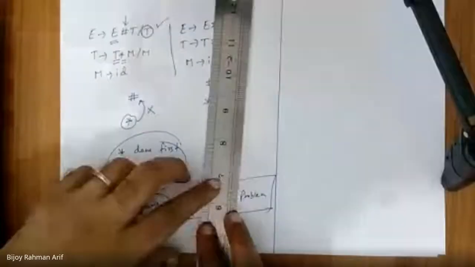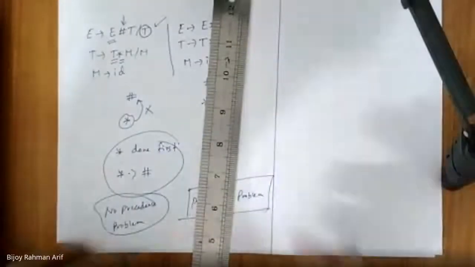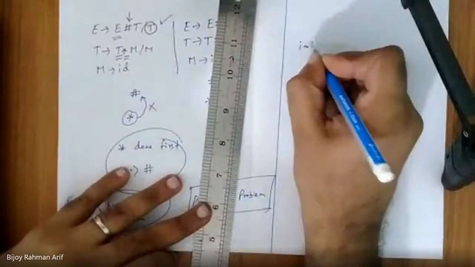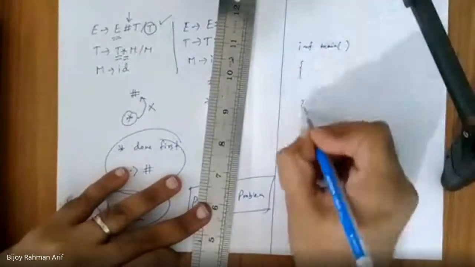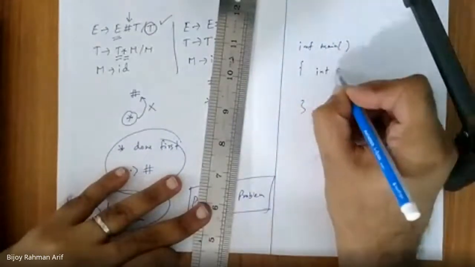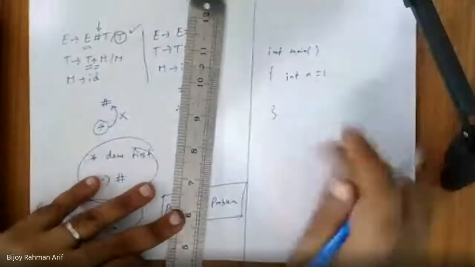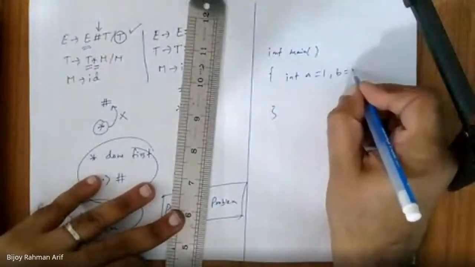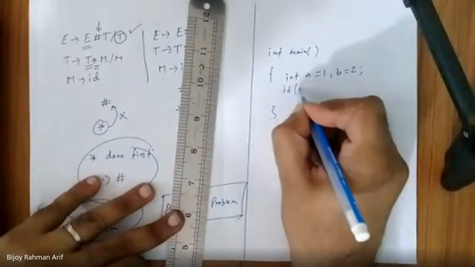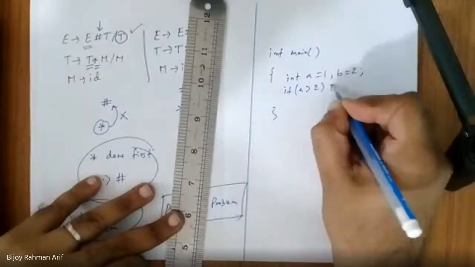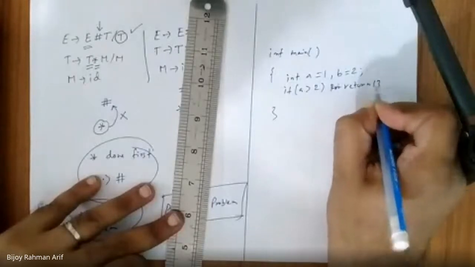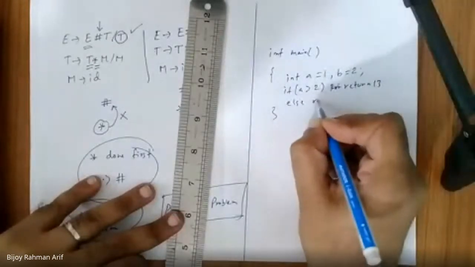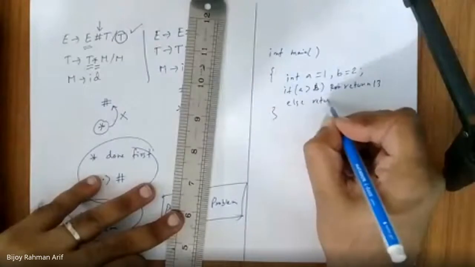Let me give you an example. Suppose I give this: integer main, integer a equal to 1, b equal to 2. If a greater than 2, return 13, else return 29.